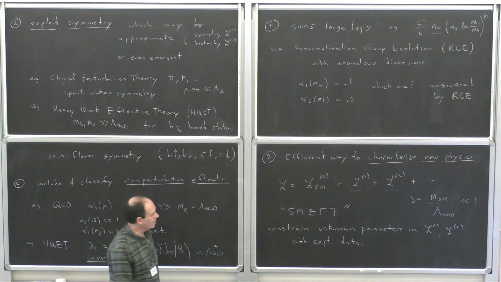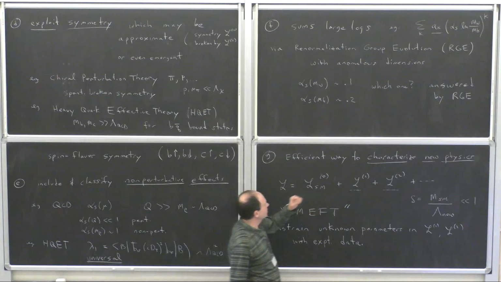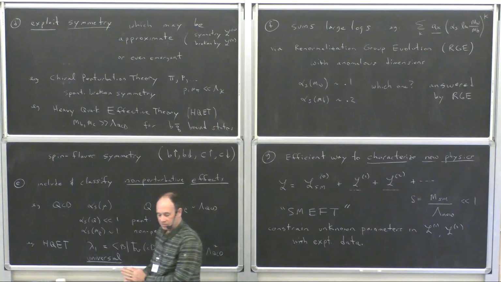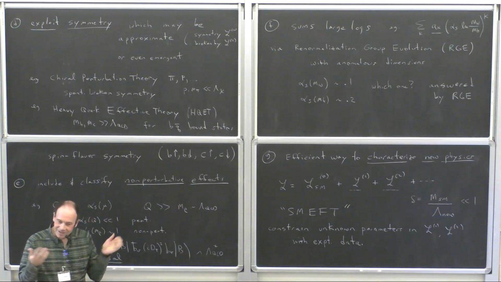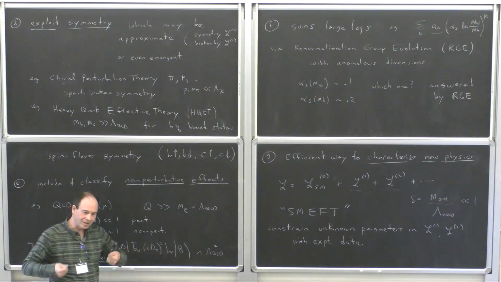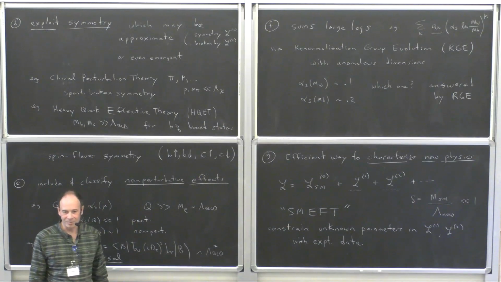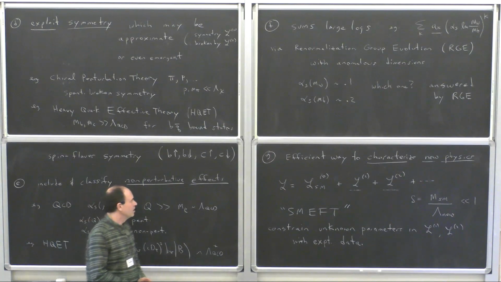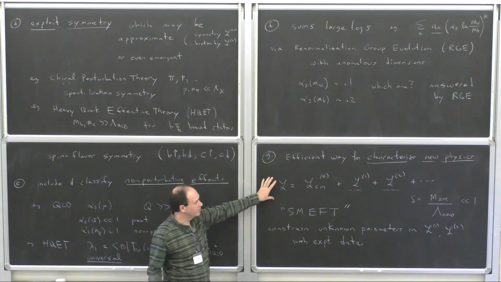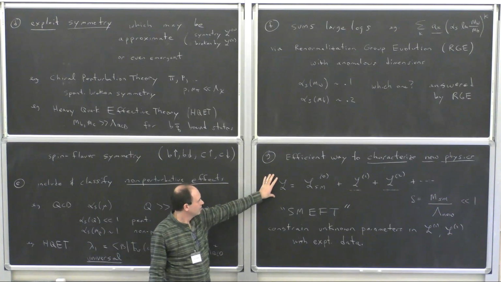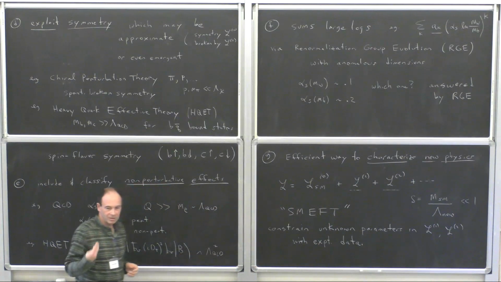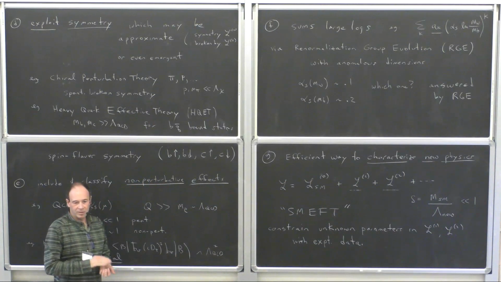I've given this example in a particle physics-y way, where I've said it about characterizing new physics, right? So this is new physics beyond the standard model, high-scale physics, things that we're interested in probing when we build colliders to probe short distances. But the general idea of characterizing new physics by thinking about the subleading terms in the expansion goes beyond just the standard model. It applies to any case.